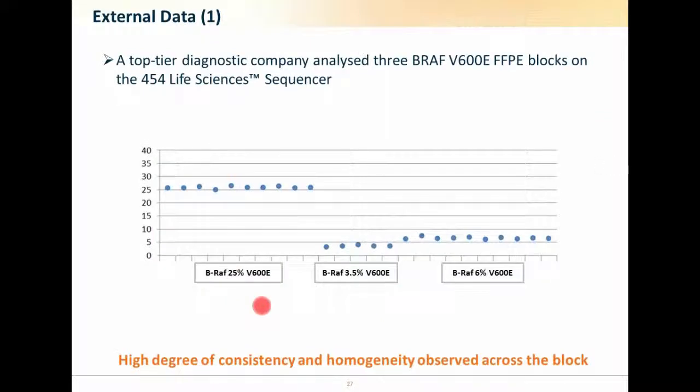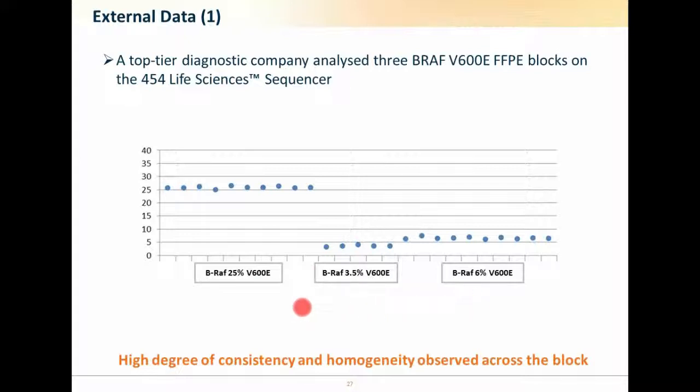Now, just going to move on to some external data that we have from our partners. This is a diagnostic company that we're working with, and they took 3 of our BRAF V600E FFP blocks. We generated this using our BRAF 25% V600E block, the 3.5% and the 6%.